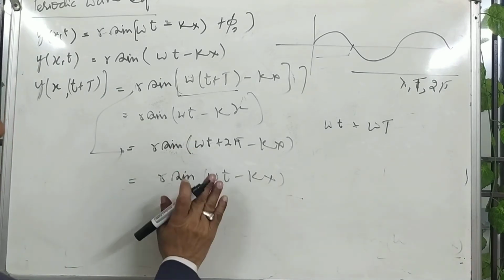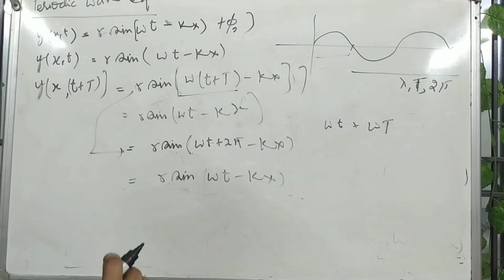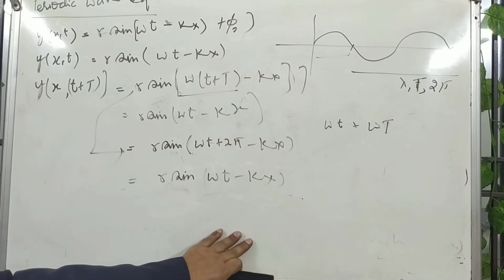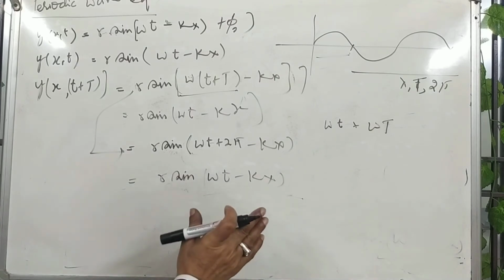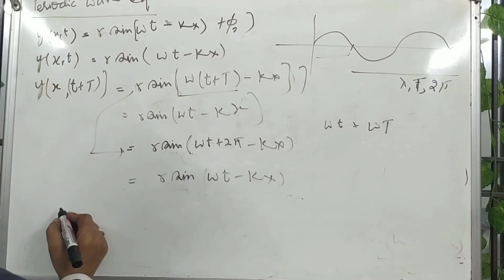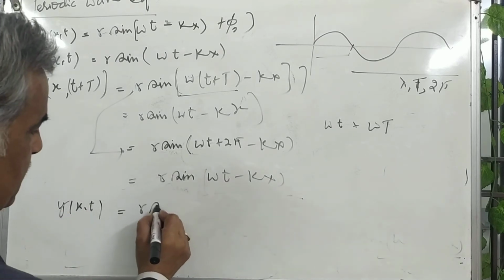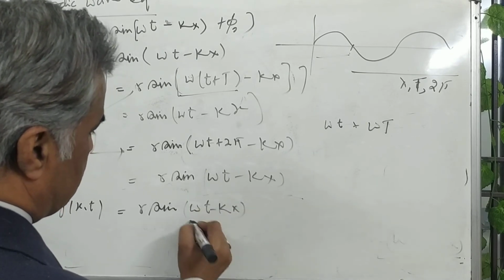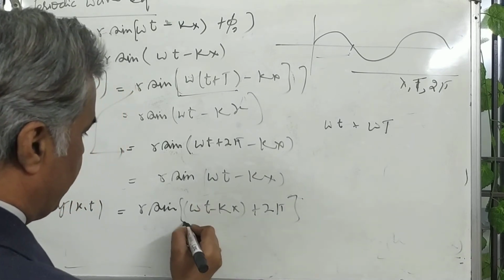Here I am telling you this is periodic with 2 pi also. Since if this is the angle, y(x, t) is r sin (omega t minus kx), and this is theta plus 2 pi. So what will you find?